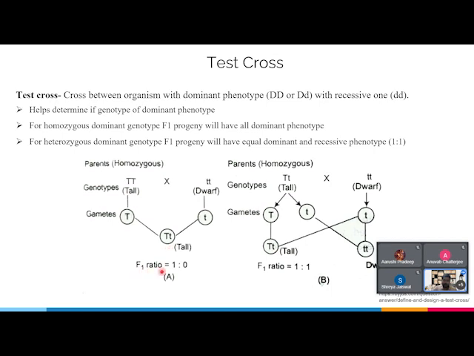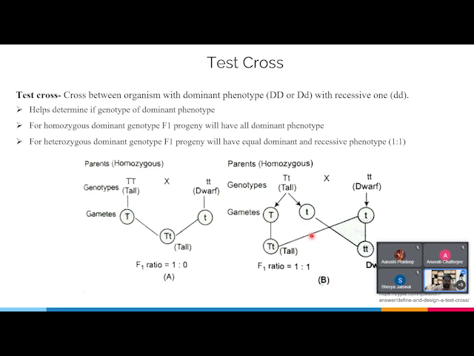Thus, the F1 ratio between the dominant phenotype and the recessive phenotype will be 1:0, or everything will be dominant phenotype. But in case of the parent being heterozygous, we will get an F1 ratio of 1:1.